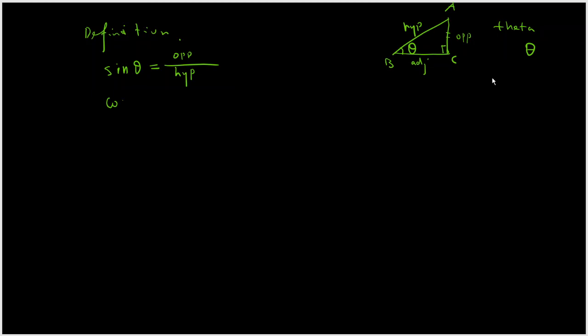If you can recall it on your own, it's better, so you don't have to memorize too many things. Anybody want to tell me how we define cos of theta? Yeah, that's right. Adjacent over hypotenuse.